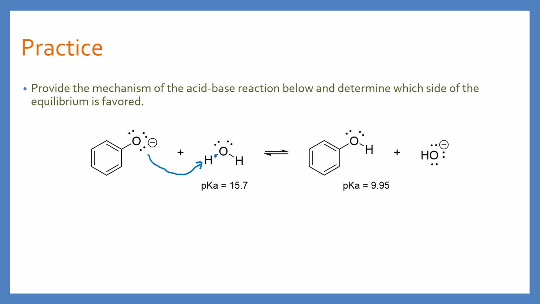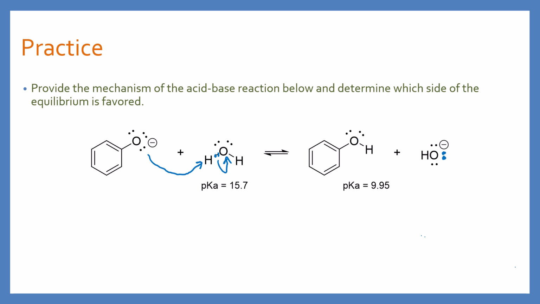And then I'm going to break the bond between the hydrogen and the oxygen of water and give those electrons back to water. That's why I end up with a negative charge on my hydroxide ion. And I can see the bond that I made right here. So that's the mechanism of the forward reaction here.